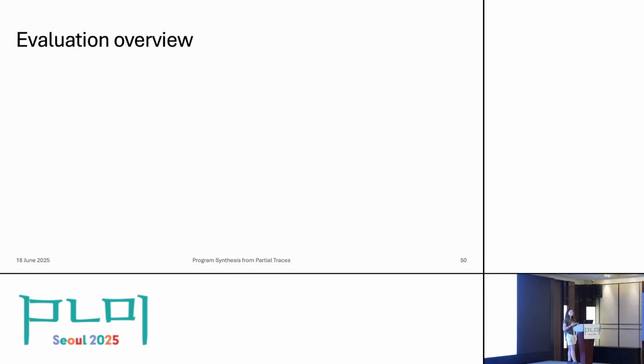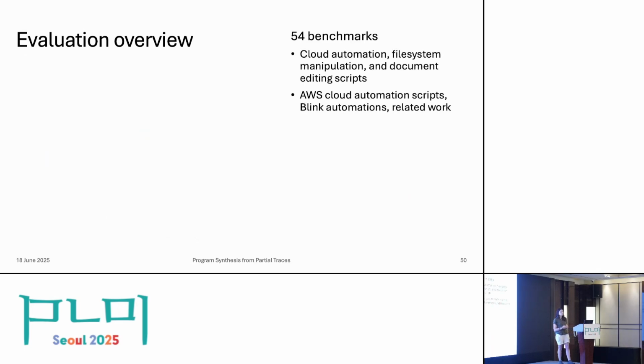To show this variety, we evaluate Siren on 54 benchmarks, including cloud automation, file system manipulation, and document editing tasks. We collect these from AWS Cloud Automation scripts, as well as the Blink automation library, and some related work on API discovery.